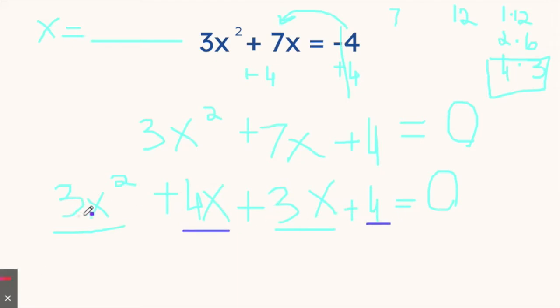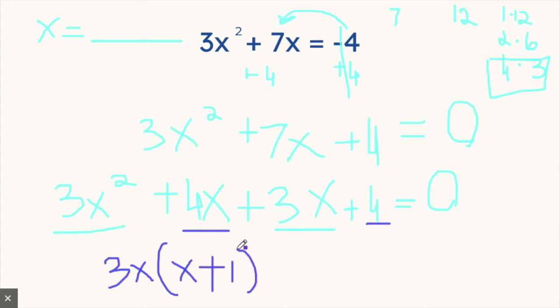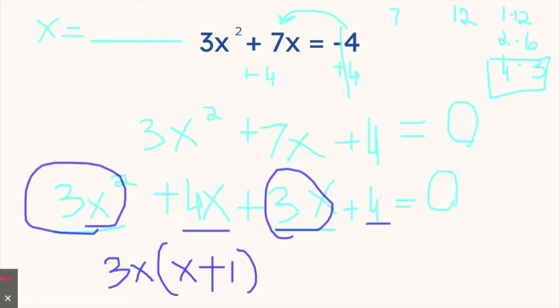We can take 3x out of 3x squared and 3x. 3x squared divided by 3x is just going to leave us x, plus 3x divided by 3x is just 1. So that's the grouping for the first two. Now let's do the second pair, 4x and 4.